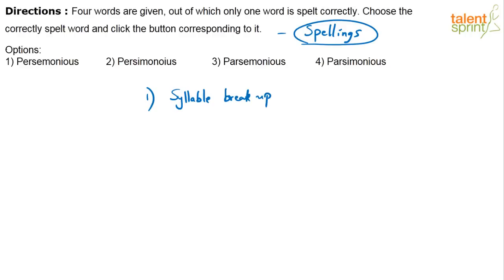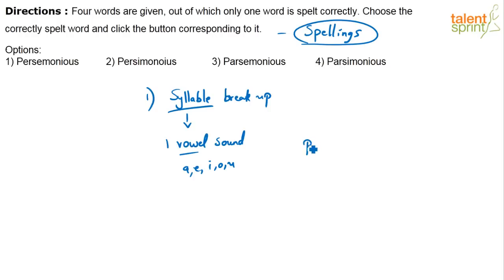Syllable breakup. What does that mean? What is a syllable? A syllable is one vowel sound, right? What are our vowels? We know A, E, I, O, U. Super. So if you take the word, some of you might be familiar with this word, some of you may not be familiar with this word, right? If you've heard this word, it's pronounced parsimonious.